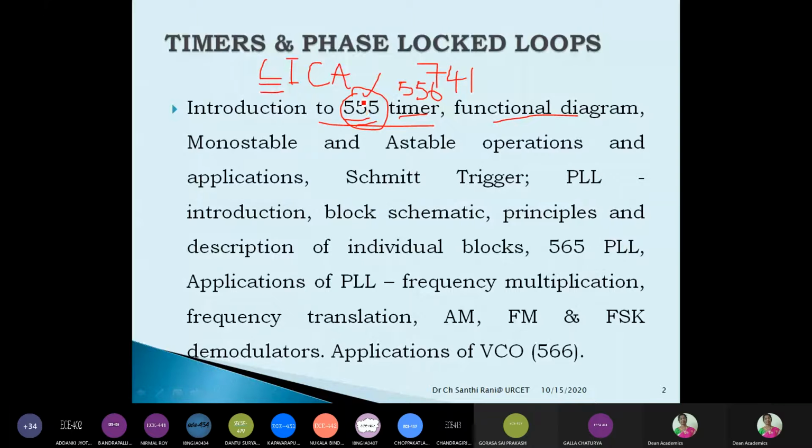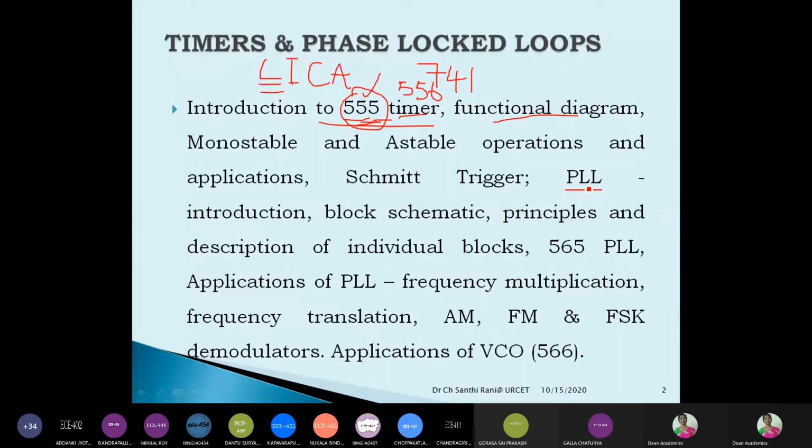In Unit 5, we are going to study the 555 timer IC, then its functional diagram, monostable and astable operations, then the Schmitt trigger, and after that the phase locked loop.